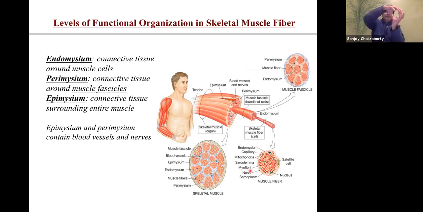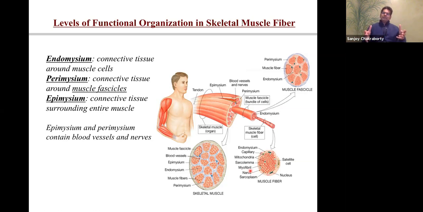Basically, if this is a cell, inside that cell we have tons of longitudinal myofibrils. Just imagine this example. You have a circular drum, a garbage can, and if you put hundreds of bamboo sticks in that garbage can, that's your skeletal muscle cell.